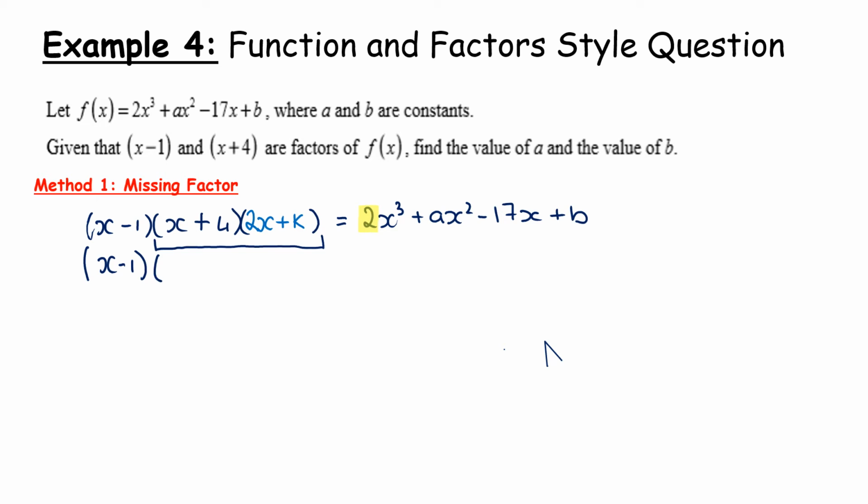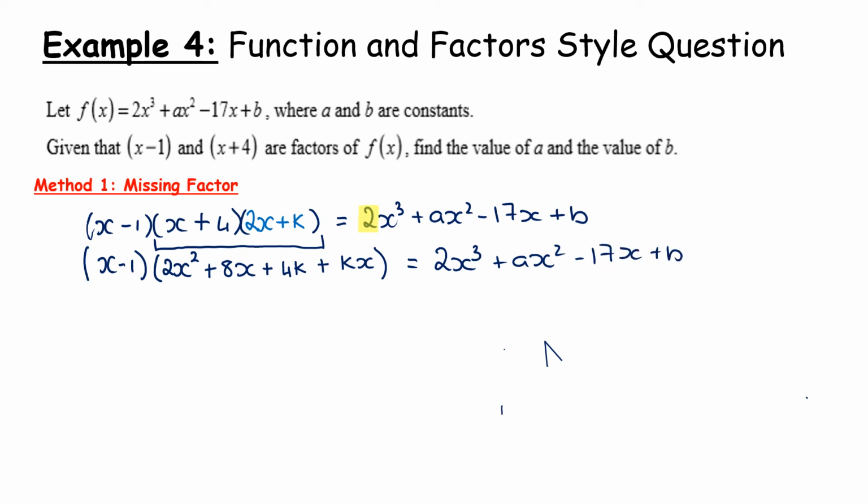You can work it out the long way, I'm just going to quickly jot it down. And that equals 2x cubed plus ax squared minus 17x plus b.